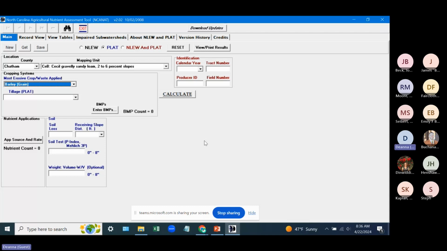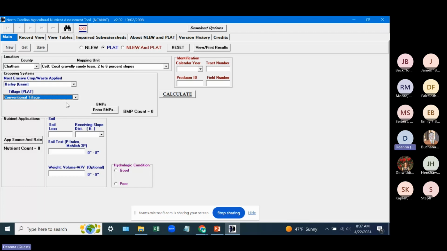And so the thing about tillage is that when you put in your tillage, in a way, you're thinking about what the erosion rate is going to be like.